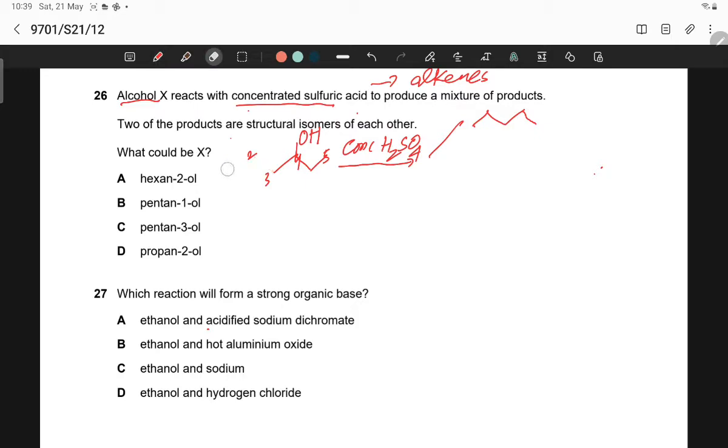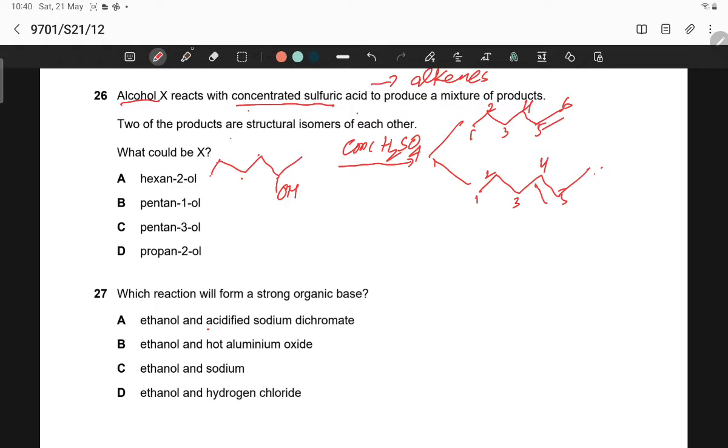So this is the alcohol, hexan-2-ol, and two products are formed, 1, 2, 3, 4, 5, 6. One has the double bond over here, and the second product is this. So this must be correct.